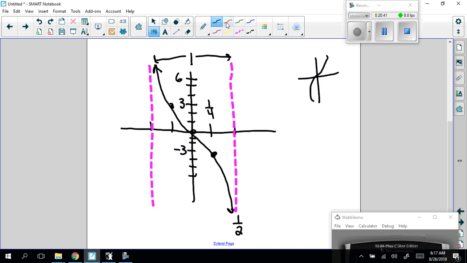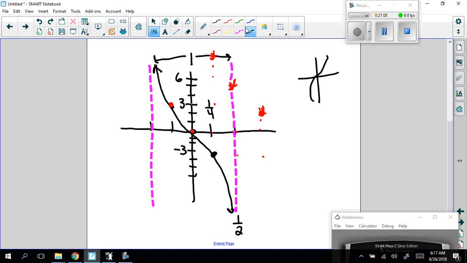For you guys, I'll give it a shot. 1/2 is 2 ticks. So let me start here. 1, 2, up 3, 4, 5. 1, 2, up 5. 1, 2, up 3, 4, 5.